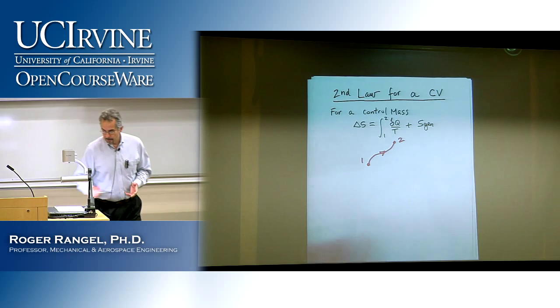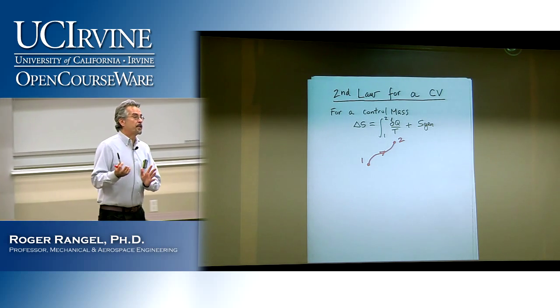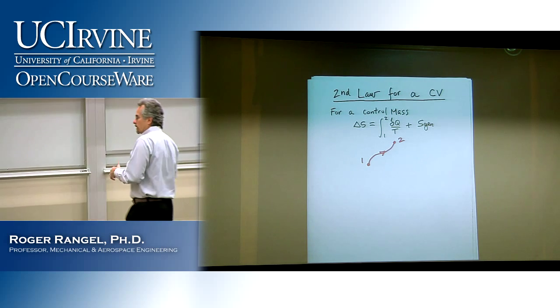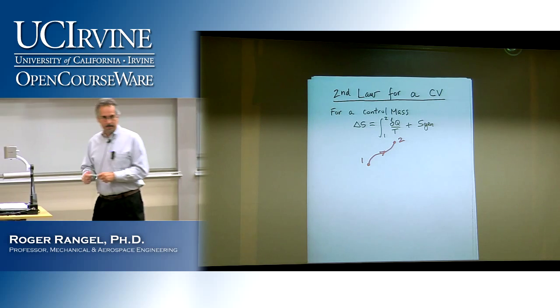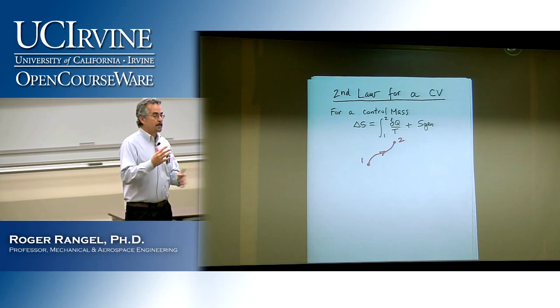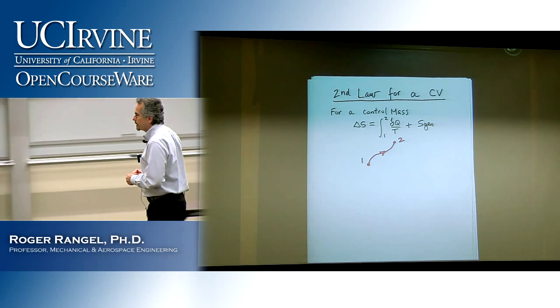It involves, obviously, the heat transfer term that we have been discussing, and it involves the entropy generation term that we discussed last time. It is actually difficult to calculate the entropy generation because it depends on several of the irreversibilities that we know can exist during a process.